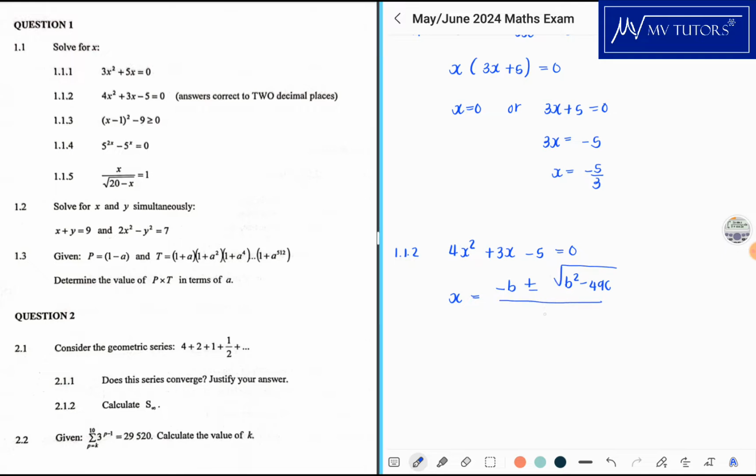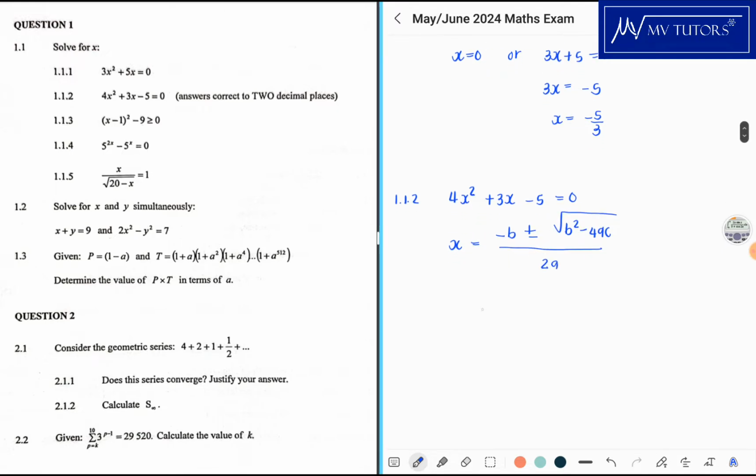So what is b? In this case, b is 3. And then we have 3 squared minus 4 times 4 times minus 5, all under the square root, and then 2 times 4.